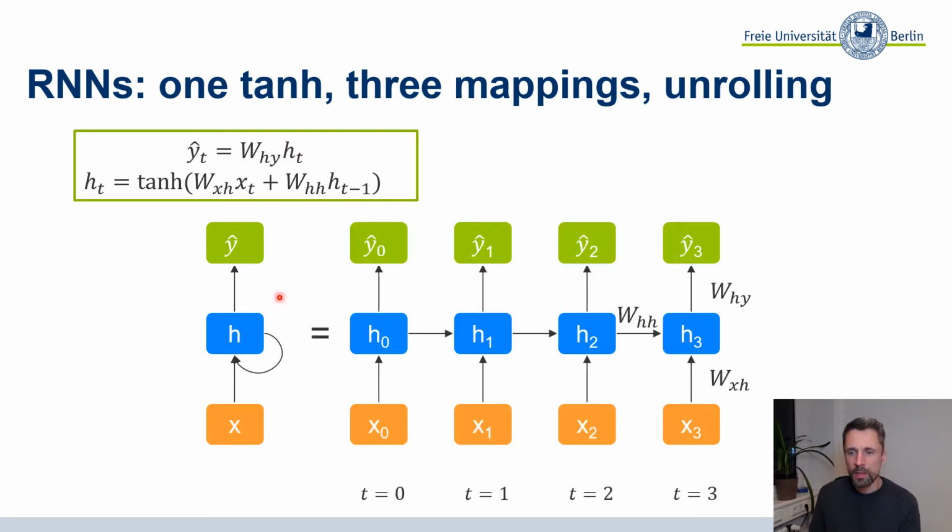We have also seen that we can unroll the network in time, along a sequence, so that we use the same matrices that define this dynamic to produce outputs and hidden states.